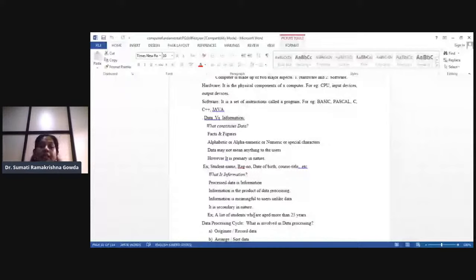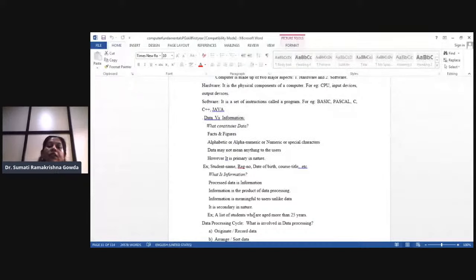So they are all data. Data may not mean anything to the users. They are raw data, so it is called raw facts or figures. When the data is processed, it gives the information. Information means it is meaningful. See, when I enter SUMA, this SUMA is alphabetic. It does not have any meaning. When it is processed, it gives Suma.